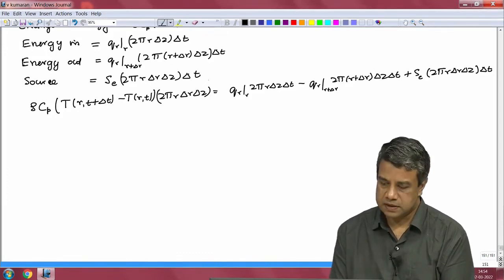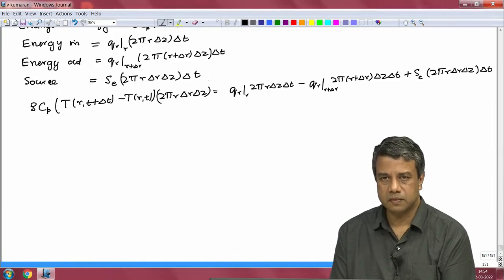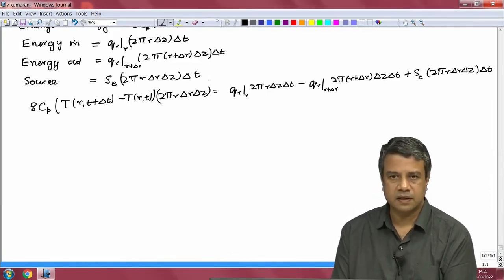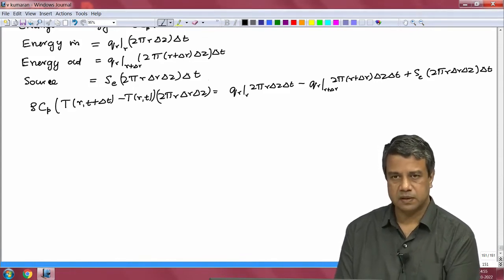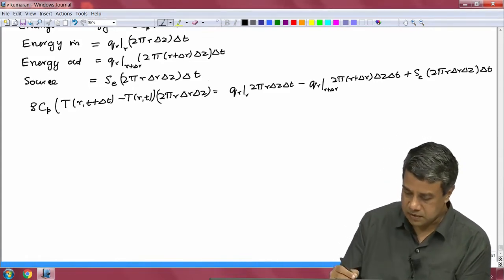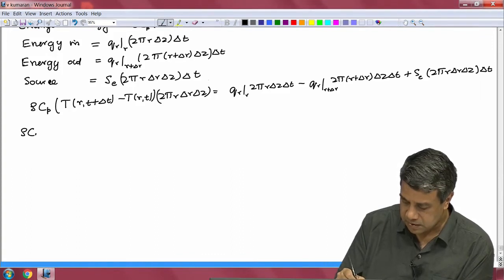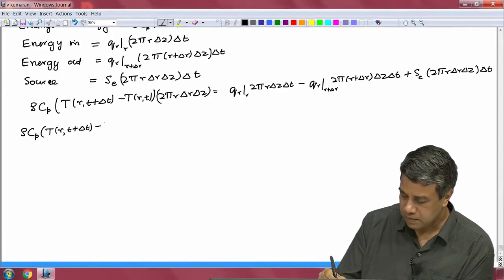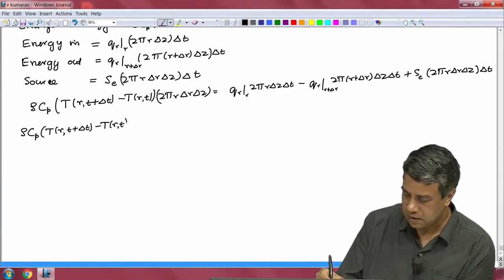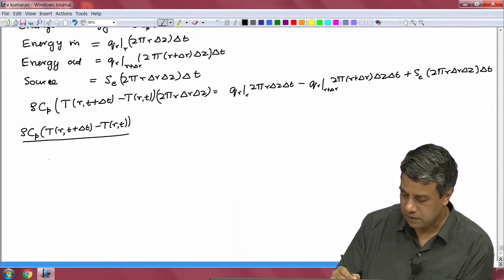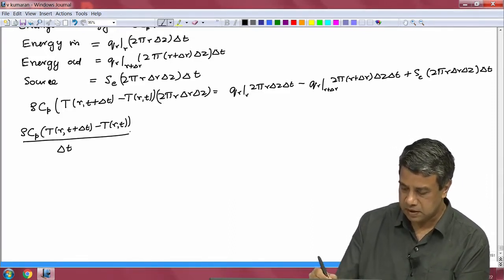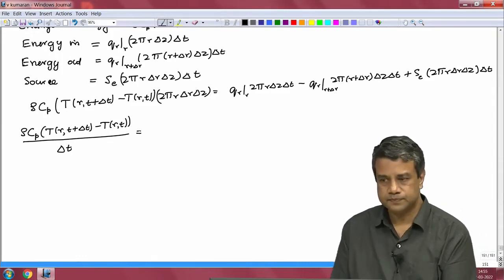To get the difference equation, I divide throughout by volume, divide throughout by delta t. You can see the factor of 2 pi will cancel out everywhere. So, my difference equation will be rho Cp into T at r, t plus delta t minus T at r, t divided by volume and delta t. The volume in the numerator cancels out, and I will just get a delta t in the denominator.